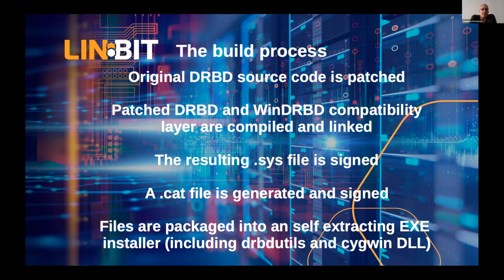This is just the same as in Linux, but some post-processing is required. For 64-bit Windows machines, one has to sign the driver and generate a security catalog file, which is also created during the build process. And finally, the files are packaged into an installer, which then can be run on Windows in order to install WinDRBD.